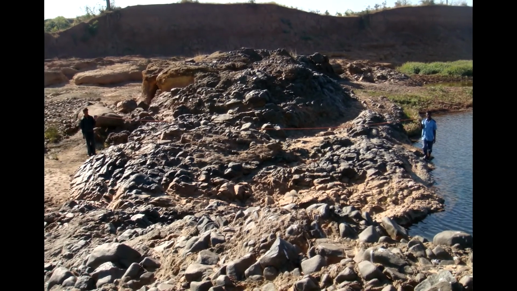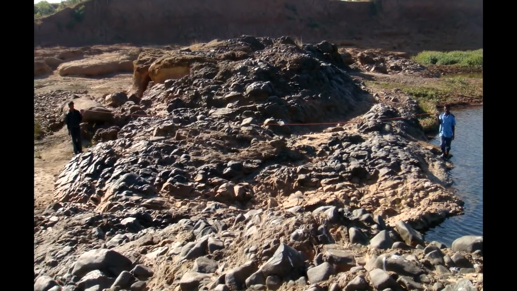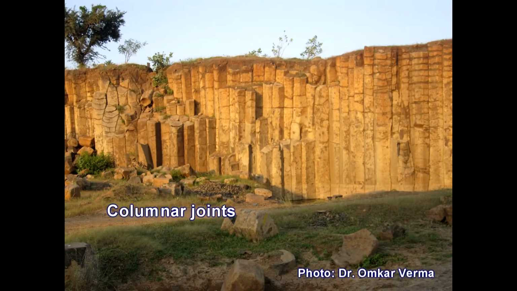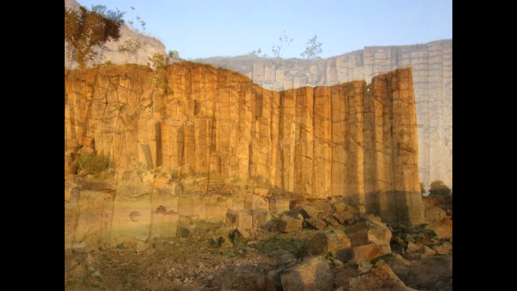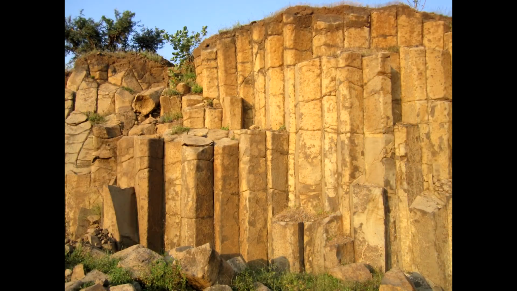In the field, it sometimes becomes difficult to identify, particularly in Deccan volcanic terrain, which one is a dike and which one is a lava flow. The most important criterion by which you can identify is the hexagonal joints. Hexagonal joints are just pillar-like joints. When they are disposed vertically, then it is certain that it is a lava flow.